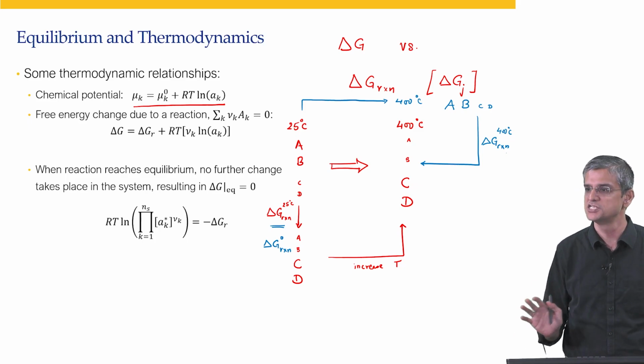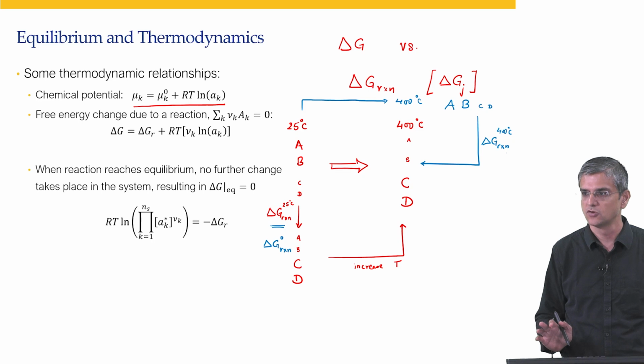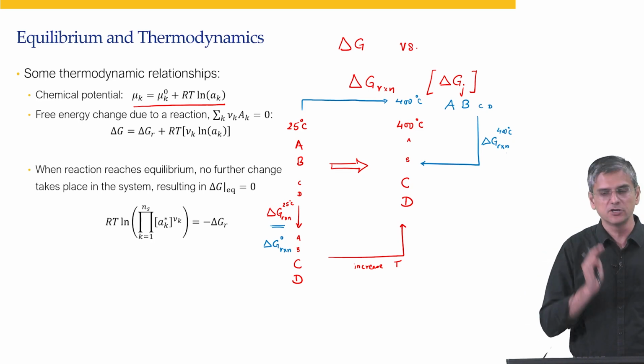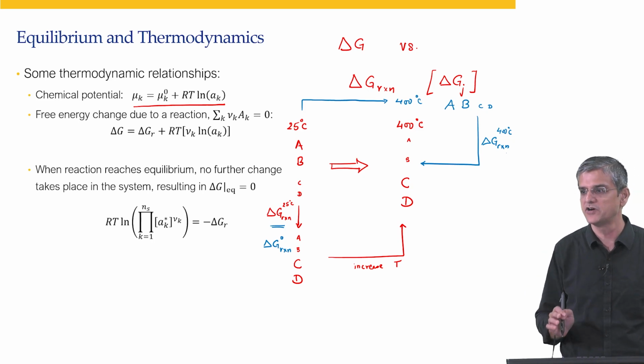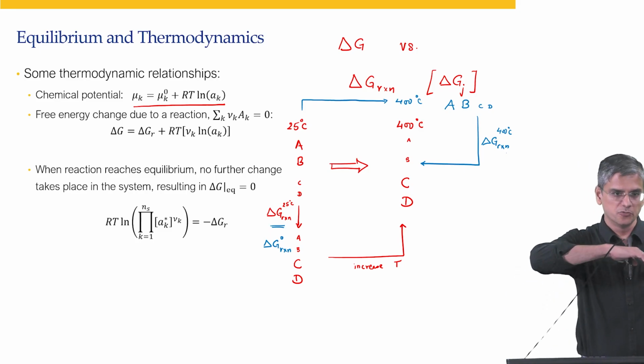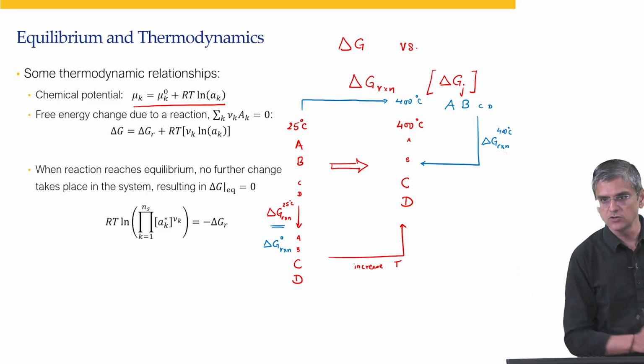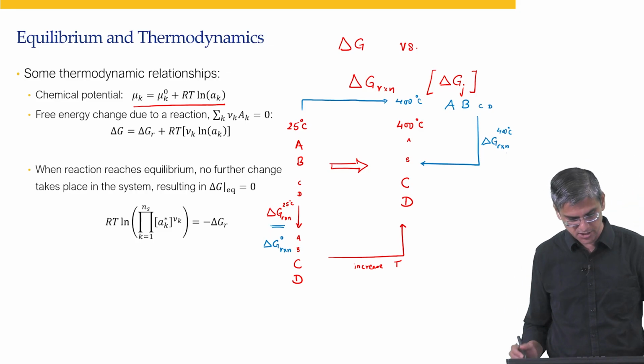That is what delta G of reaction is. We can do that again because free energy is a state function. That means we do the rest of it in one go, we only do the reaction in the other go.